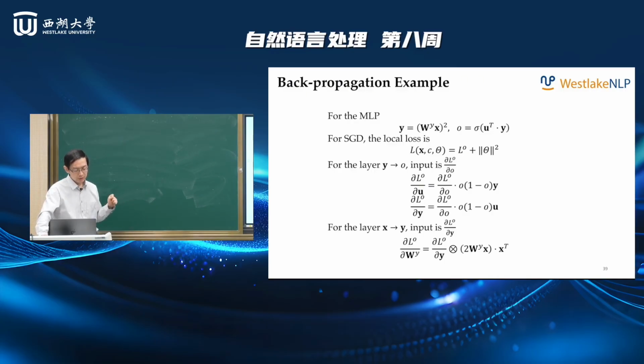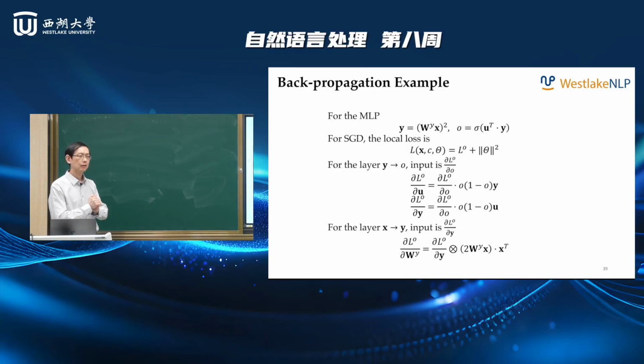If you know the gradient over O, then the Y to O layer needs the gradient over U, which is your parameter, and the gradient over Y, which is your input vector. You can calculate the two in a relatively simple way. I strongly recommend you do it.